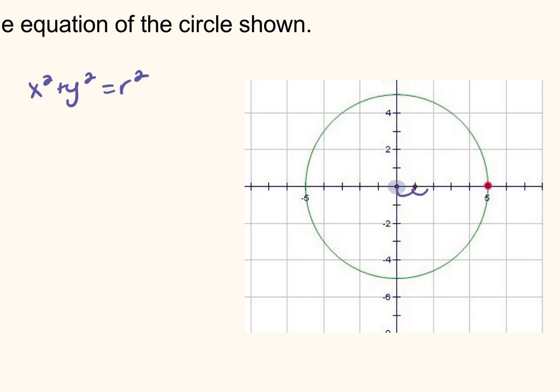So basically we're just doing Pythagorean theorem? No, you don't actually have to do the Pythagorean theorem. That's how it's derived, but you're not actually doing it. Because what's the r? What's the distance from the center to the side of the circle? 5. That's your radius. So this becomes x squared plus y squared equals 25. That's it.